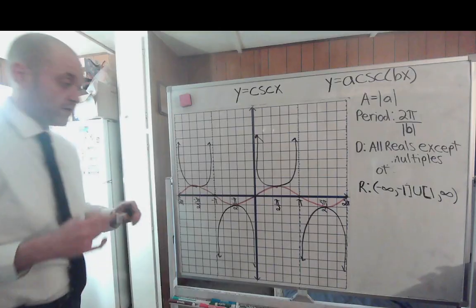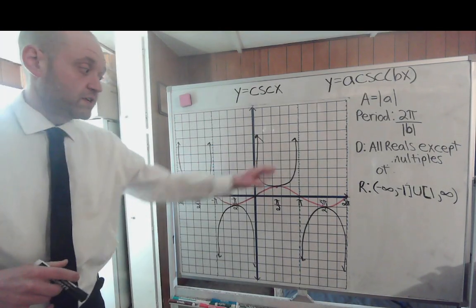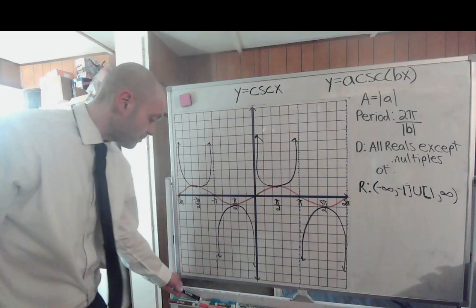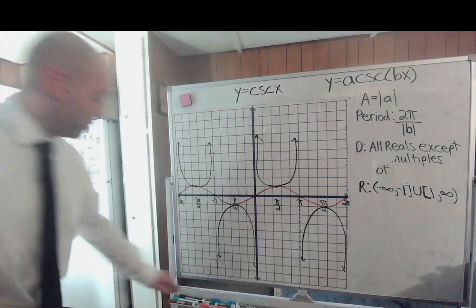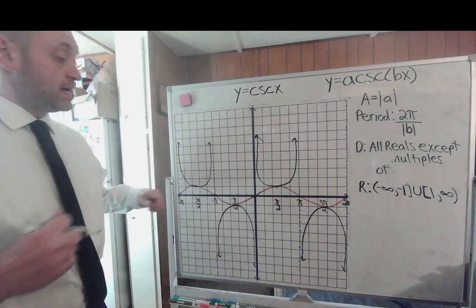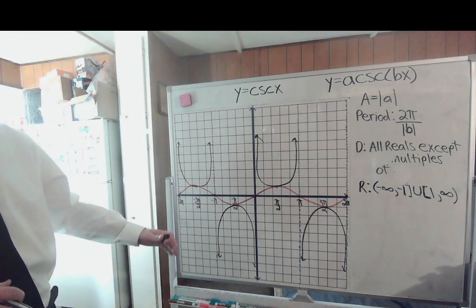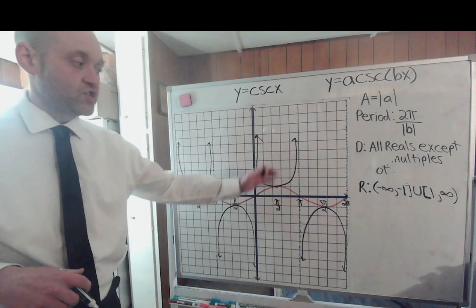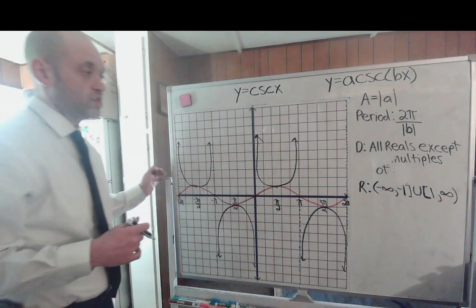And there you go. There is the graph of your cosecant function in the black. And we see now it looks almost like the secant function, only it's the reciprocal of the sine function, so it rides the back of the sine function.